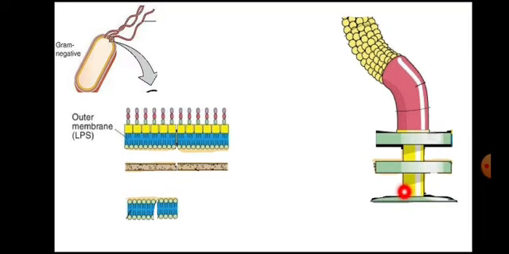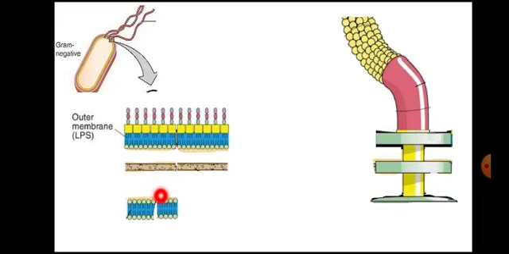Next ring is at the bottom. This ring sits on the cytoplasmic membrane, so it is just bound at the upper, external side of the cytoplasmic membrane. Therefore this is called the S ring. S stands for superficial.